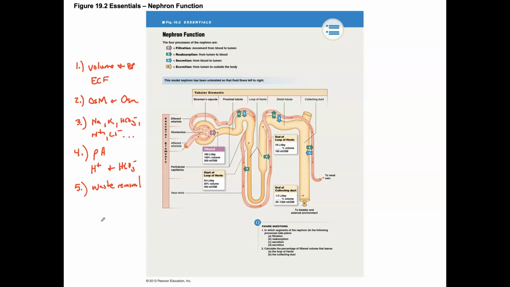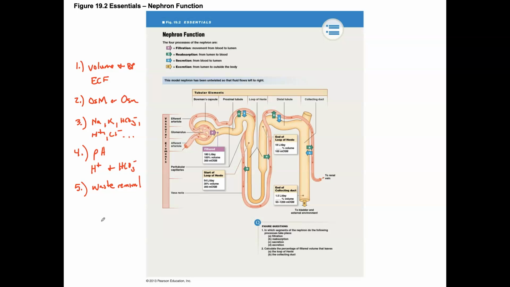So whether we take in antibiotics, whether we are using over-the-counter medications, waste removal of foreign substances is important. We're also getting rid of artificial sweeteners. We're getting rid of food preservatives. And so, waste removal comes in different forms when you're looking at foreign substances that are within our blood.